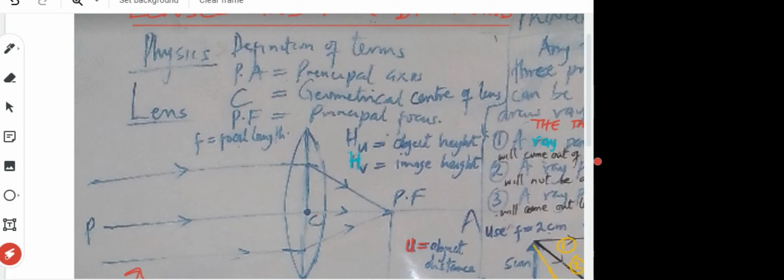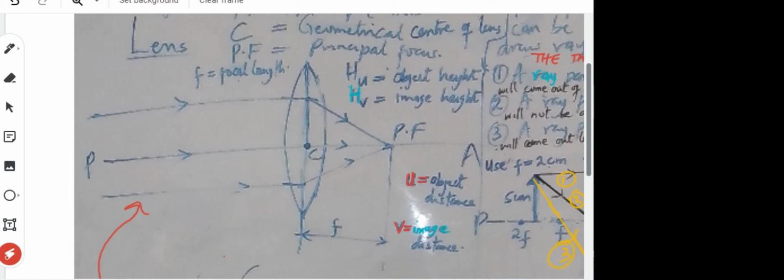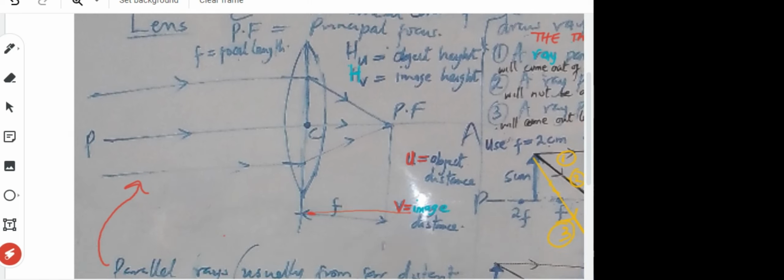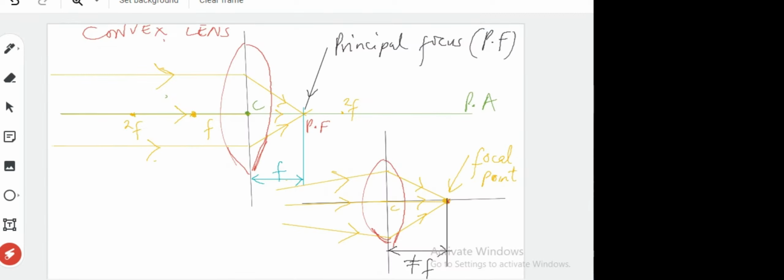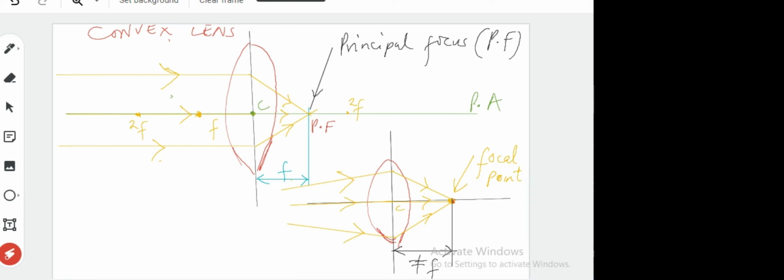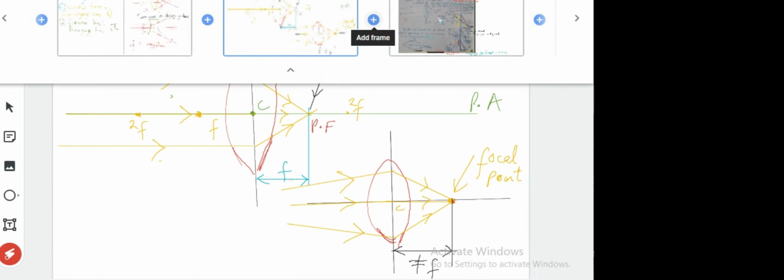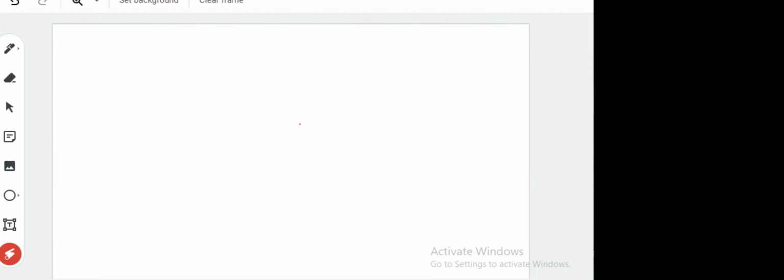PF, principal focus. All right. And of course, f, small focal length, which is from here to here. That's the focal length of the lens. Okay. So, we take it further. Let me now show you something that can answer some of the questions you asked earlier. Let's look at principal rays.